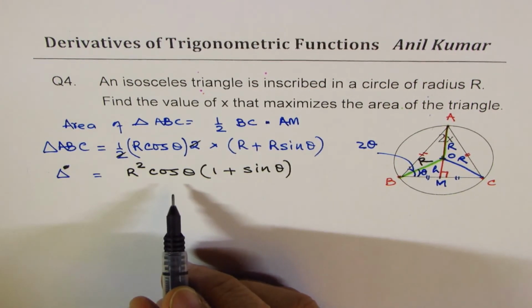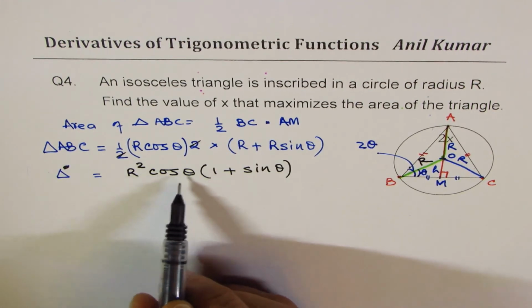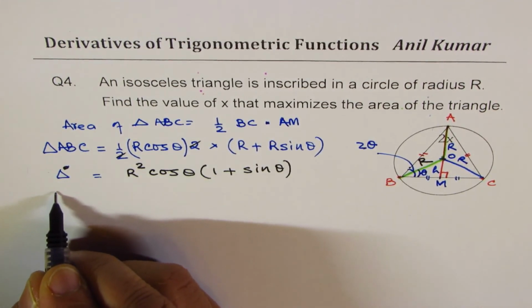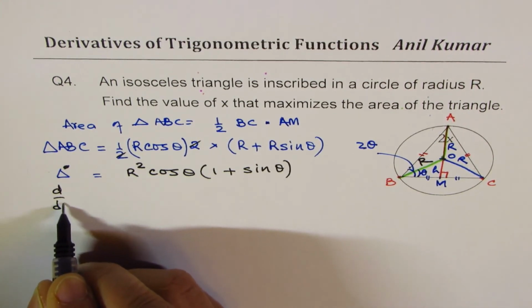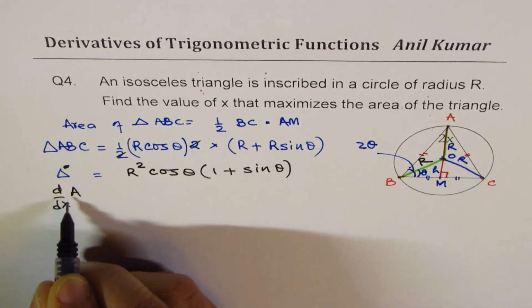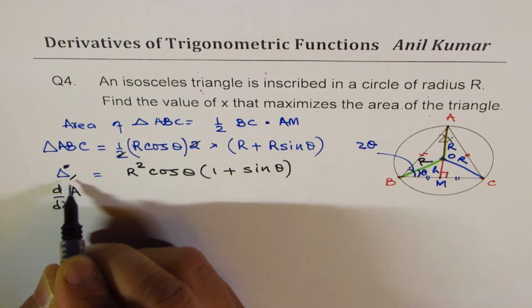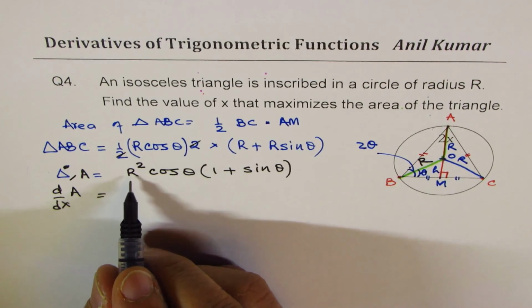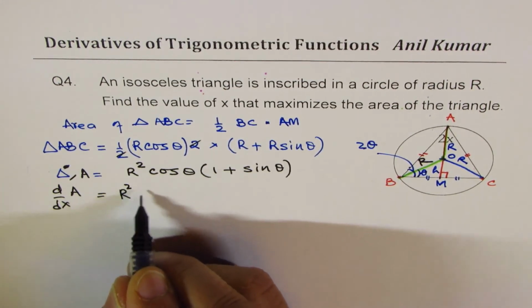Okay. So from now, we can apply the product rule on this and get the derivative. Now let's find the derivative of this area. Let me write this as capital A. So the derivative of the area: R square is constant, let's keep it outside.